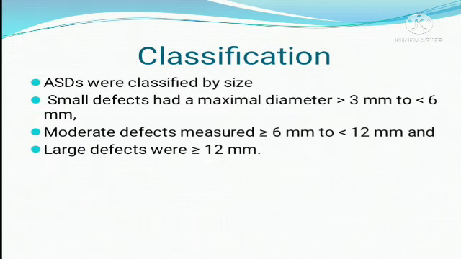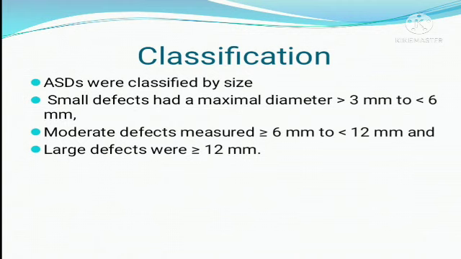According to size, ASD is again classified as small, moderate, or large ASD. Small ASD means the diameter is between 3 to 6 mm. If it is from 6 to 12 mm, it is considered a moderate defect.